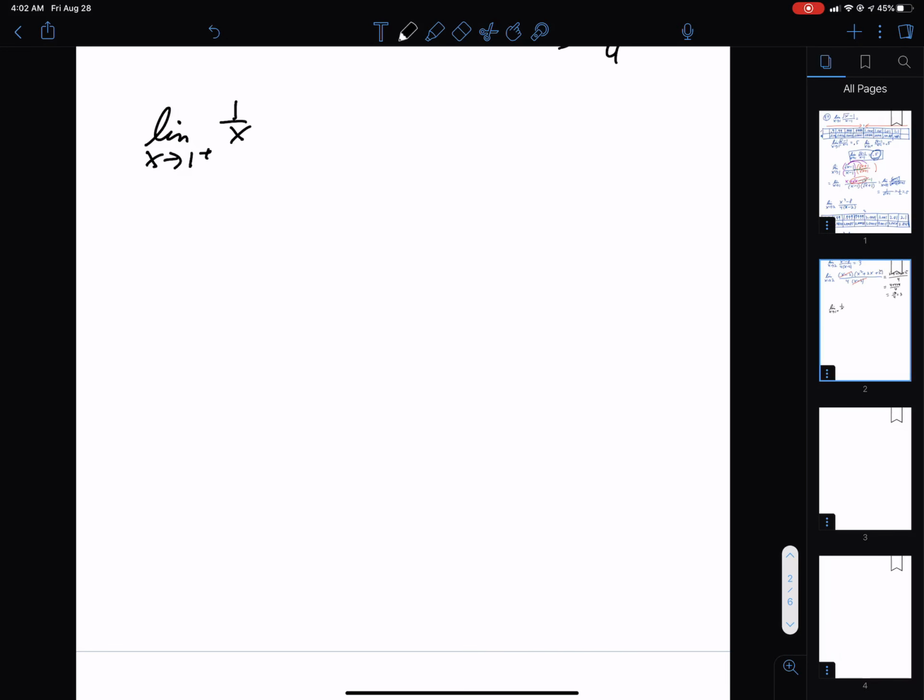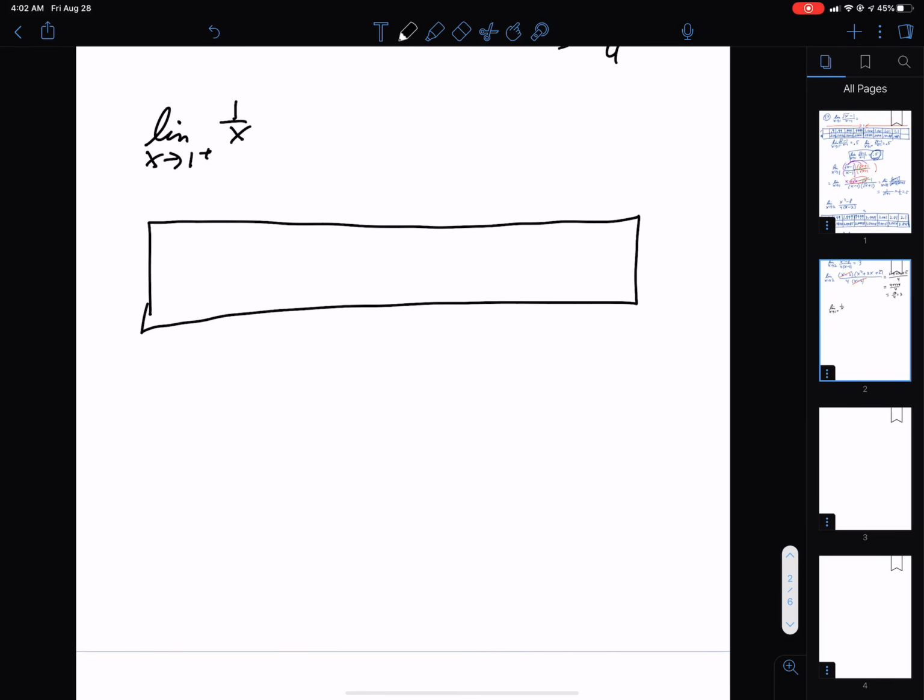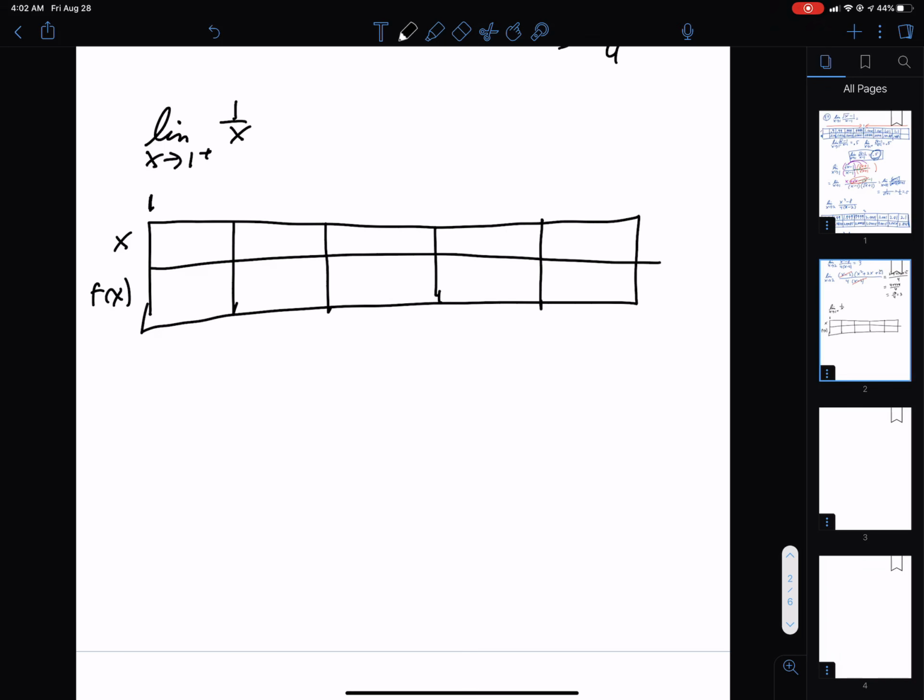Again, you'll need your calculator. So I create a table. We're approaching 1 from the right, so I'll put 1 there. This will be our x values. This is our function. So we'll start at 1.1, 1.01, 1.001, 1.0001, 1.00001.